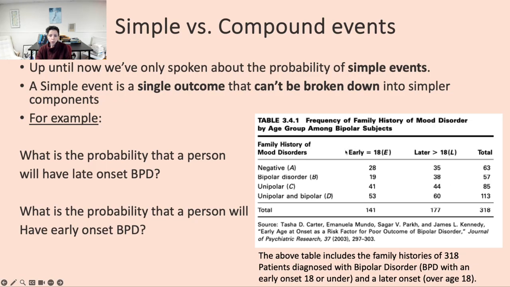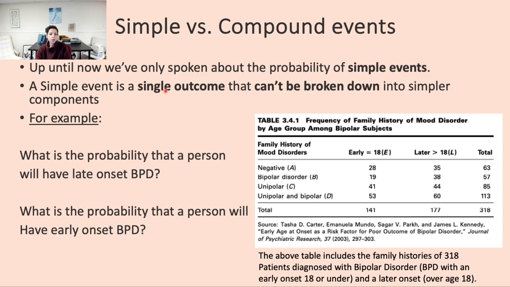We've got our folks with early onset bipolar disorder and later onset bipolar disorder, right? 141 early onset, 177 later onset. And then we also categorize them based on whether they have no family history of mood disorders, that's negative, a family history of bipolar disorder, a family history of unipolar disorder, or unipolar and bipolar. Okay, so that's the data that we have to look at and to practice with.